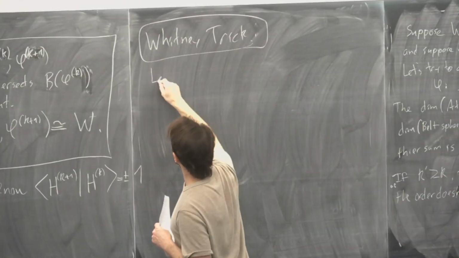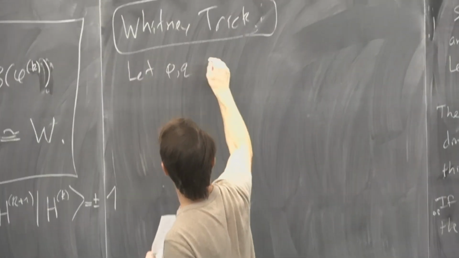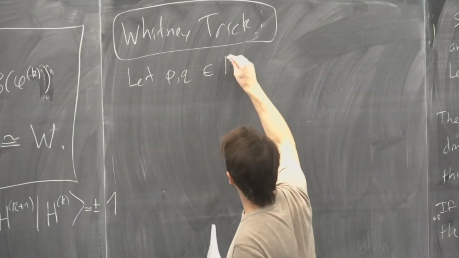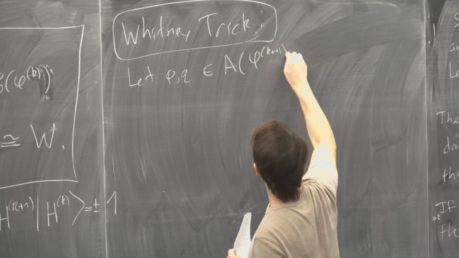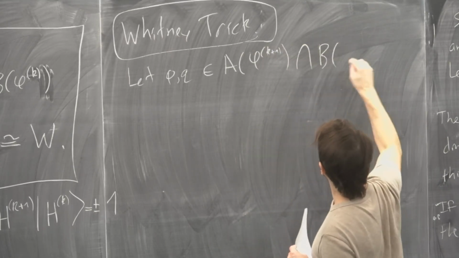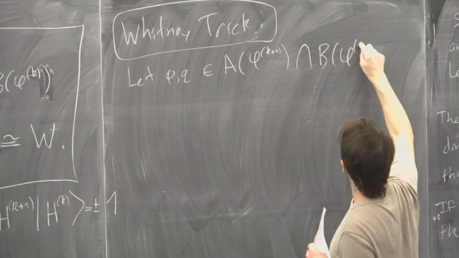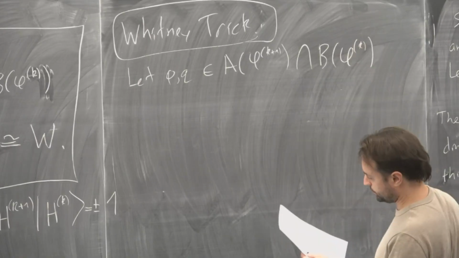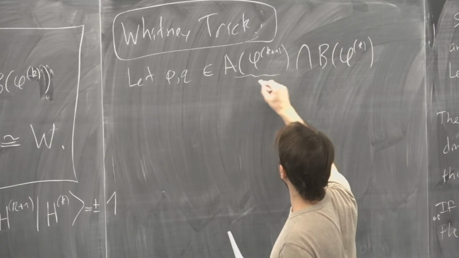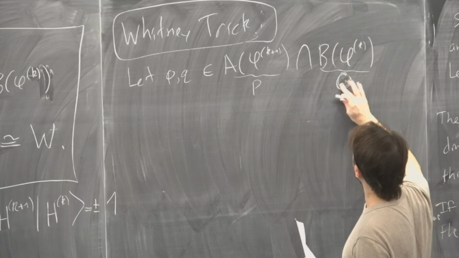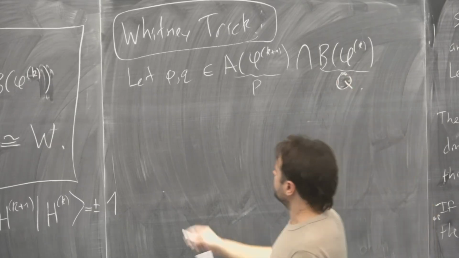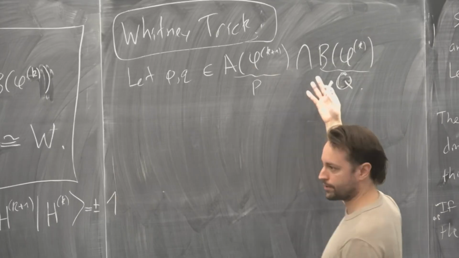So let P and Q be in the intersection of the attaching sphere of the k+1 handle and the belt sphere of a k handle. I'm going to abbreviate these P, Q. Now, these are spheres.